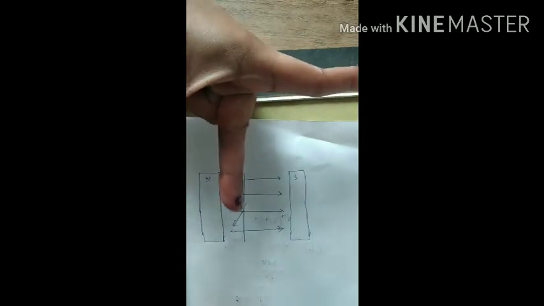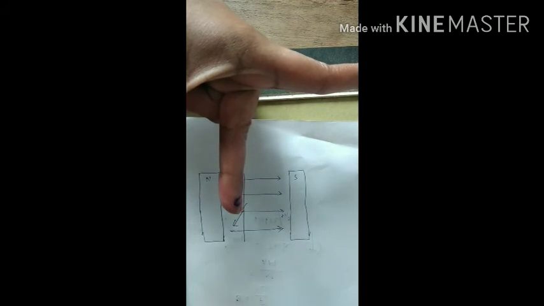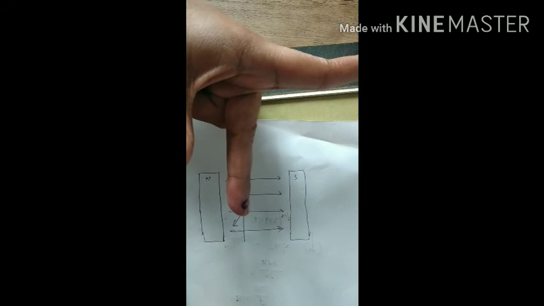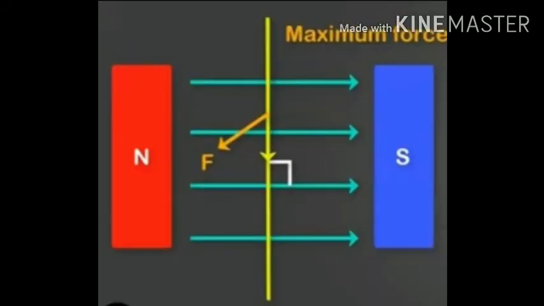You must keep your 3 fingers at 90-degree angles, and you must rotate your hand at the wrist in order to find the answer to the question given to you. So what have we studied now? When a current carrying conductor is placed in a magnetic field, it experiences a force. And second is Fleming's left hand rule, which is used to find the direction of force.